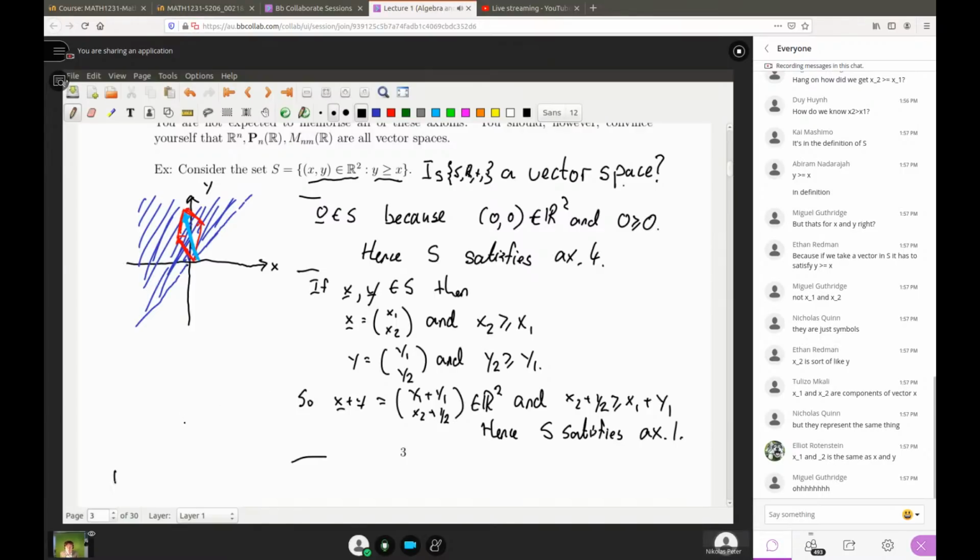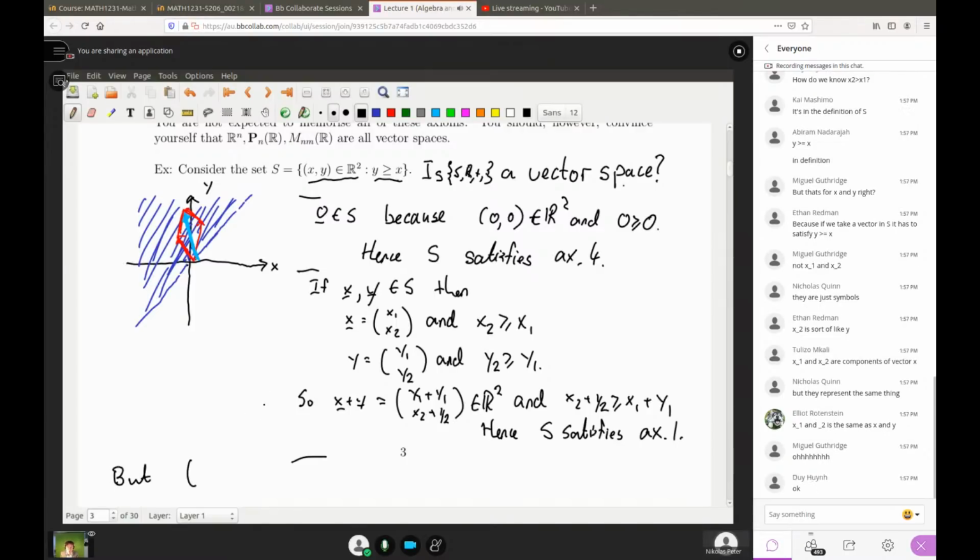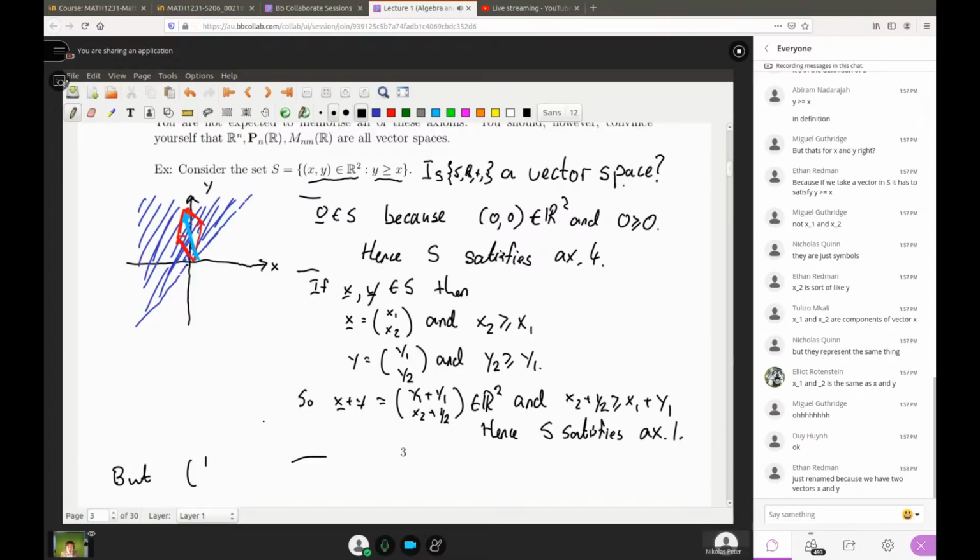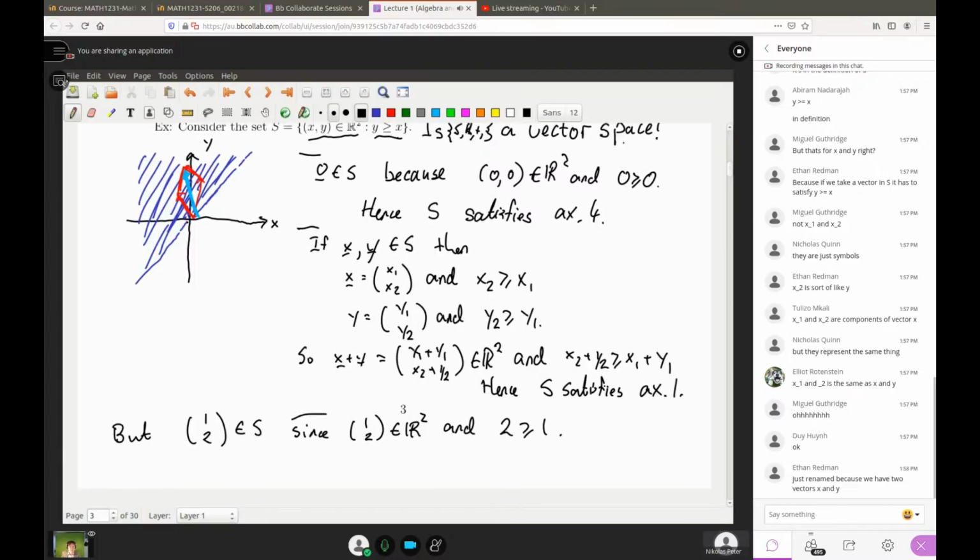I'm going to choose, let's see, y has to be bigger than x, so I'm going to choose (1, 2). (1, 2) is an element of S, since (1, 2) is an element of R2, and if S satisfies, I'm going to use the closure under negation.